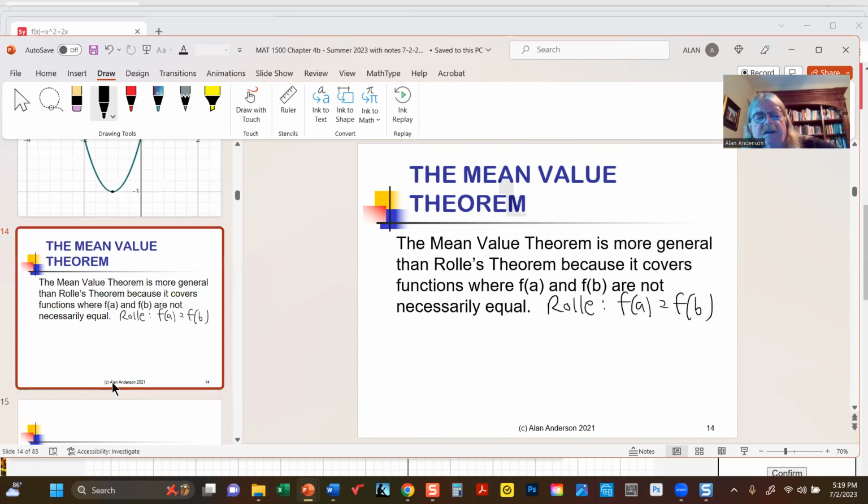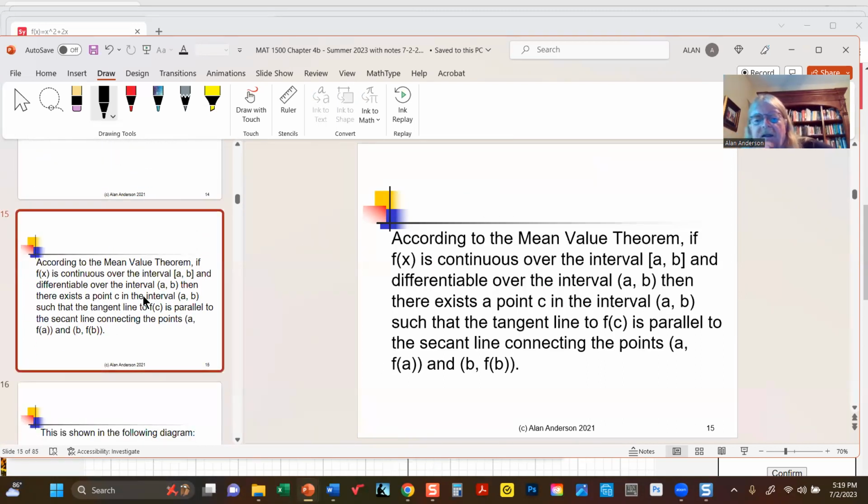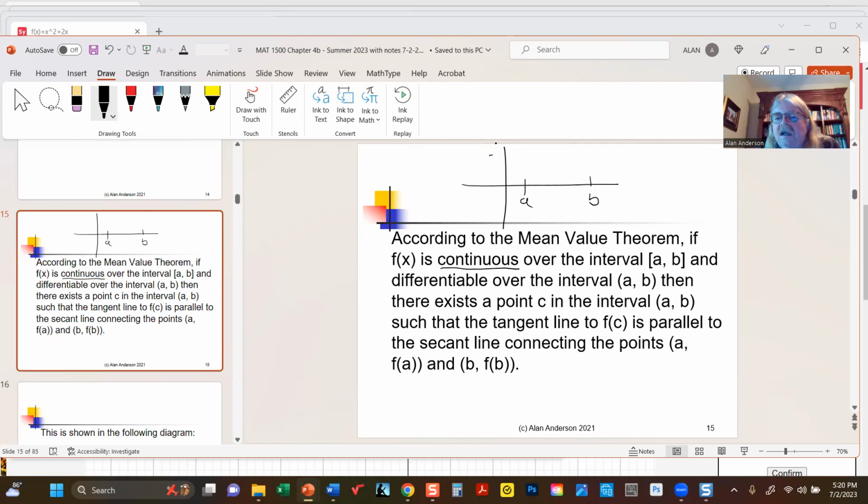So what is the mean value theorem telling us? Well, if the function is continuous over an interval AB, what's interesting here is that it only has to be differentiable from A to B, not including A and B. So if you have some weird behavior exactly at A, but nowhere else, we're still good.